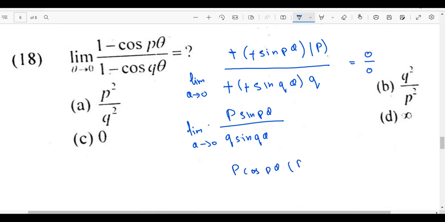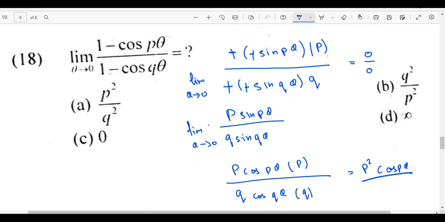Now I'll multiply the derivative again, divided by sine q theta into q. Sorry, this would be cos. The differentiation of sine is cos, obviously, and this would give me p squared cos p theta divided by q squared cos q theta. Once I plug in 0 for theta, this would become 1, this would also become 1, and the answer is going to be p squared by q squared. So it would be A.